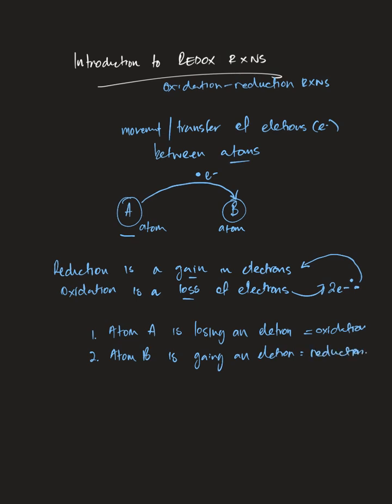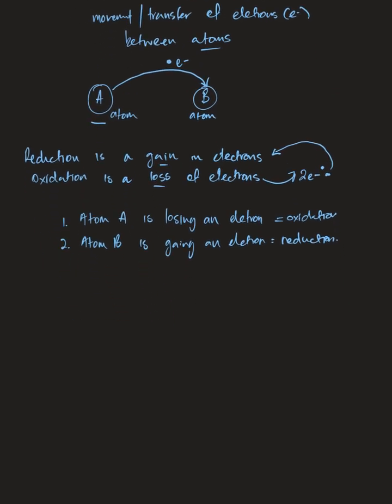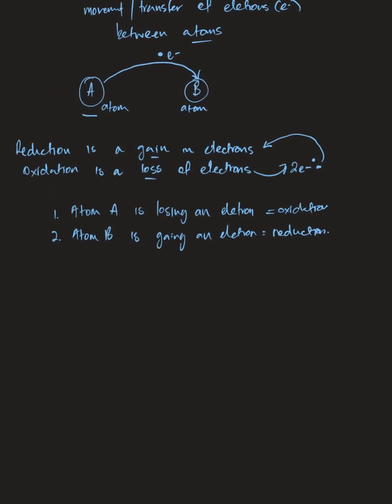Right? Now, when we talk about losing and gaining, we have to use the right terminology. So if I was looking at atom A here and atom B here, and there's a transfer over there, over here I have oxidation, and over here I have reduction. Then we can write a statement.